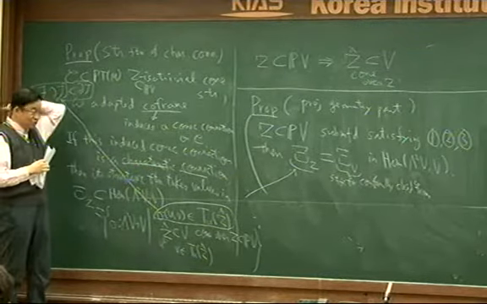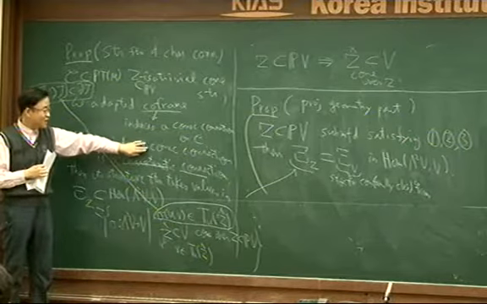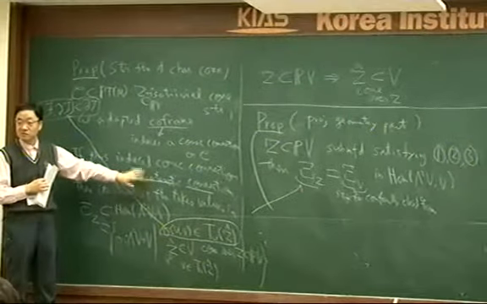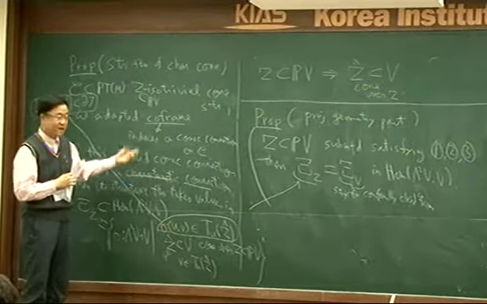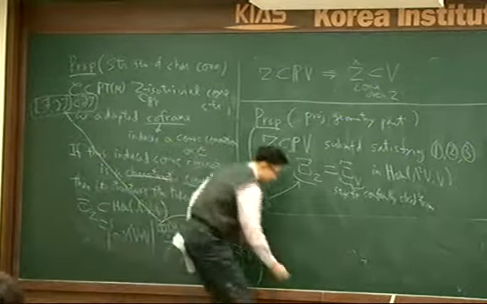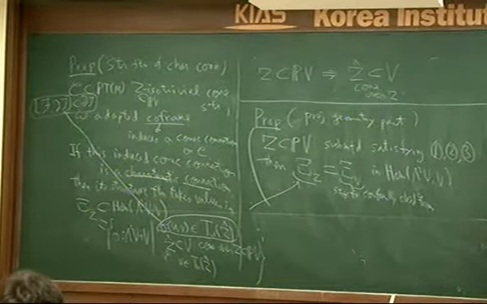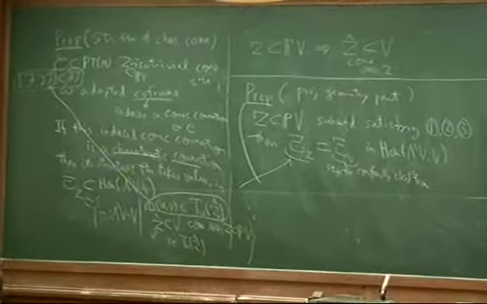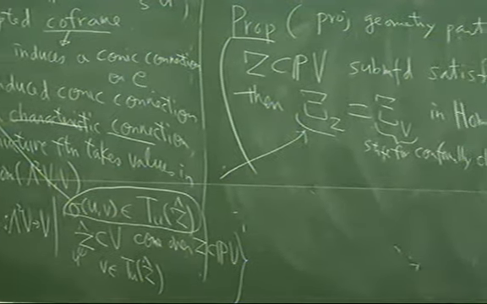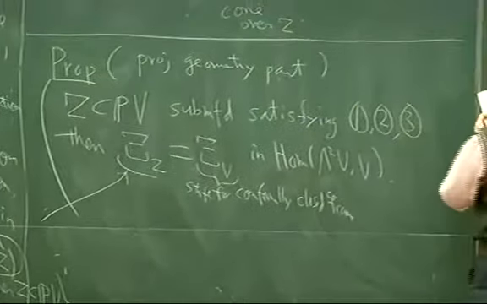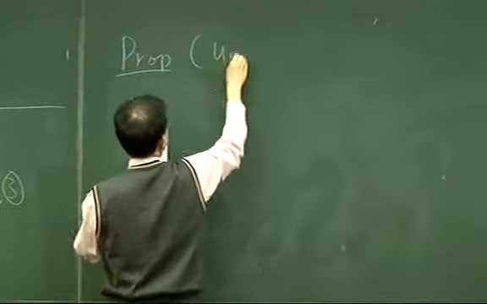Now we need to show that you can choose a coframe whose induced conic connection is exactly this characteristic connection. This is non-trivial, and in a sense the most difficult part, I think. I try to avoid this difficulty by the following easy way, proposing the uniqueness of the connection.